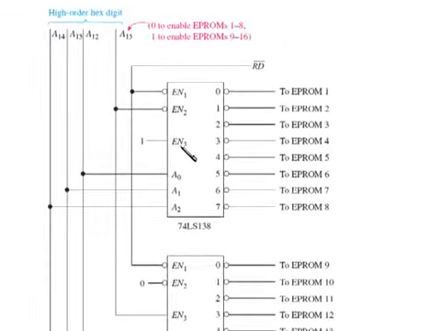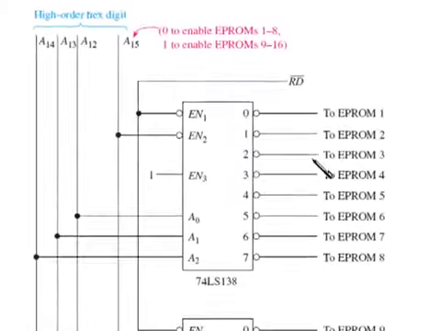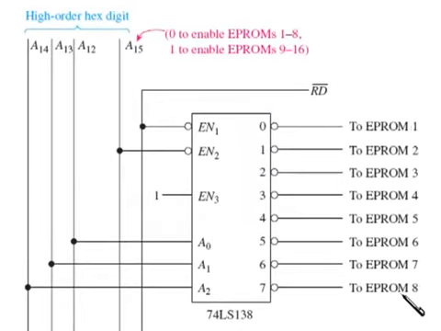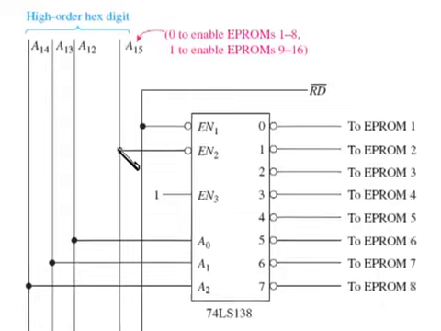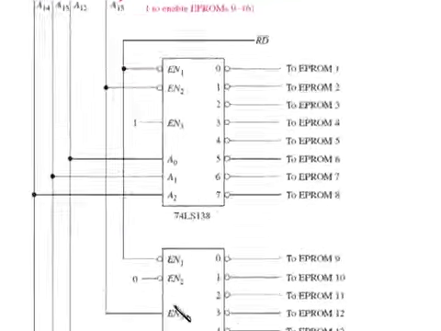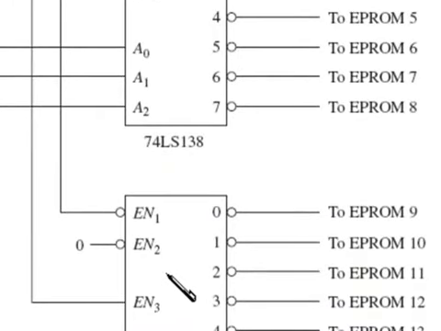So the first LS138 is going to select EEPROMs 1 through 8 as long as the A15 is a 0, because this enable is looking for a 0. So when A15 is low, that's going to access EEPROMs 1 through 8. When A15 is high, this will be disabled, but look down below, I have that going into the active high enable for the second group.